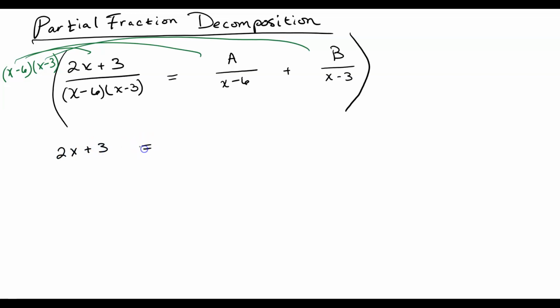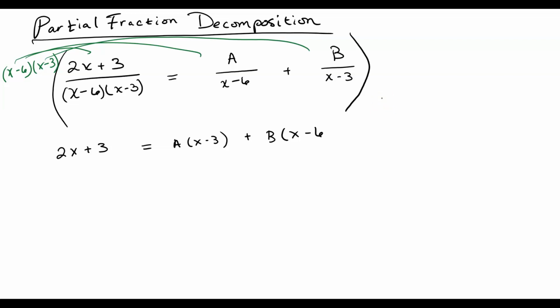Over on the other side, I eliminate the x - 6, leaving me with A times (x - 3). And when I multiply B over (x - 3), I eliminate the x - 3's, leaving me with B times (x - 6). Okay, so I've done that. There's really nothing to it.